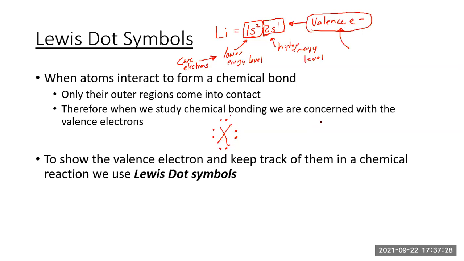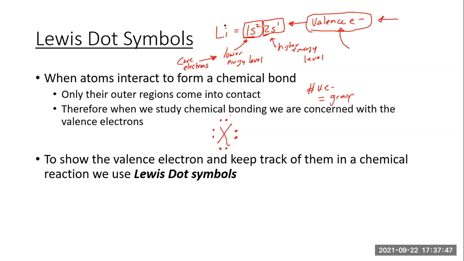I think we also talked about, you could write the electron configuration to figure out how many valence electrons there are, but a much, much easier way to figure out valence electrons is that it equals the group number. So remember that the number of valence electrons equals the group number.